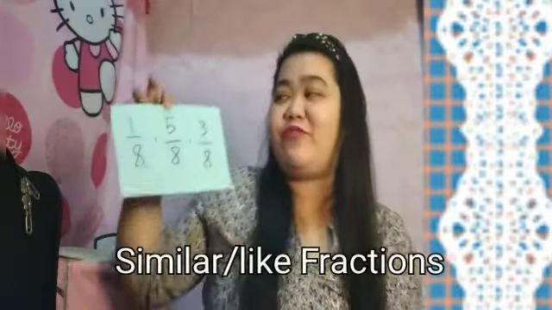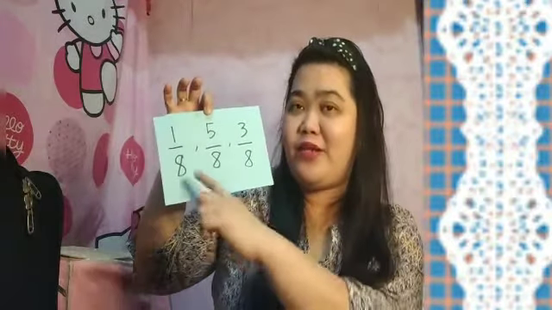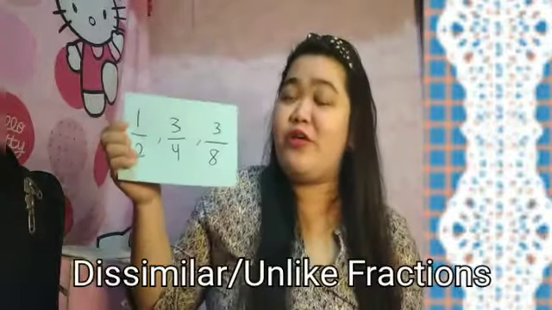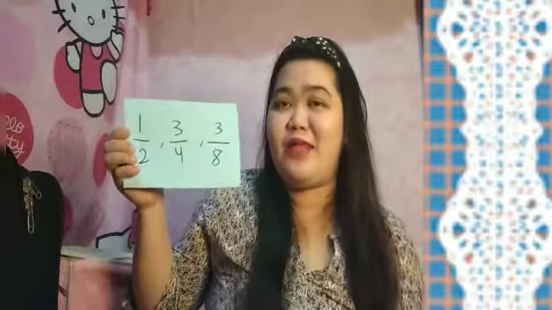Meanwhile, we have what we call the like or similar fractions. So these are fractions with the same denominators, while dissimilar or unlike fractions are those fractions with different denominators. These terms are very important before you will understand how to add and subtract fractions.